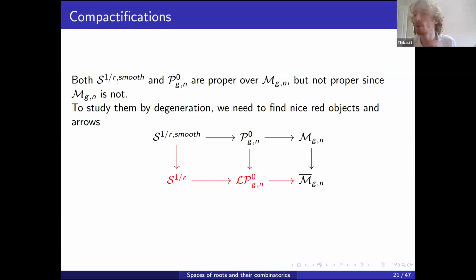So in some sense, you no longer need the log structure. If you start with local equations that are complicated enough, the space of roots just becomes a scheme, not more complicated than a scheme. But by demanding that these equations are complicated enough, you've passed to a root stack of M_g,n bar.